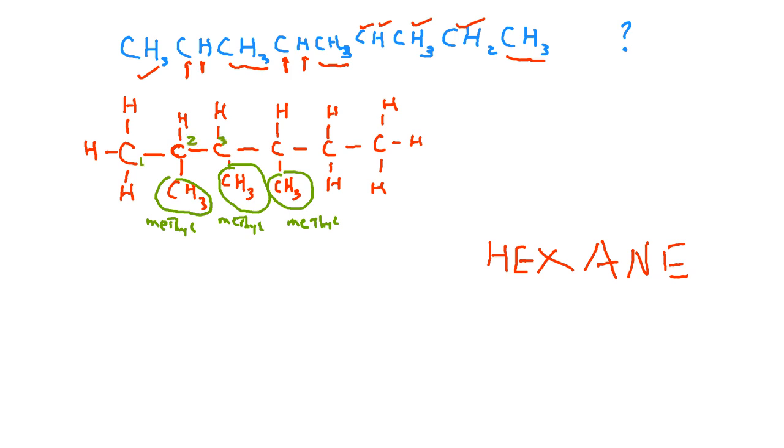If I counted right to left, this would be carbon 3, carbon 4, carbon 5. So I'm counting definitely left to right. Right? So it looks like a 2,3,4-trimethylhexane. I hope you all got that. 2,3,4-trimethylhexane. Okay.